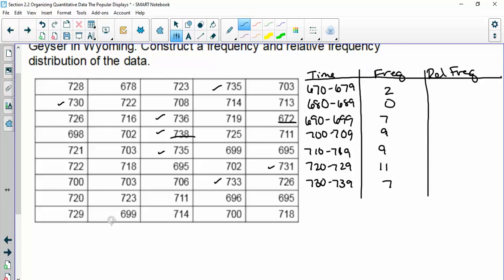We can keep a few decimal places. And what should all the relative frequencies add up to? 1. Potentially they couldn't, due to rounding error, but it would be very, very close.